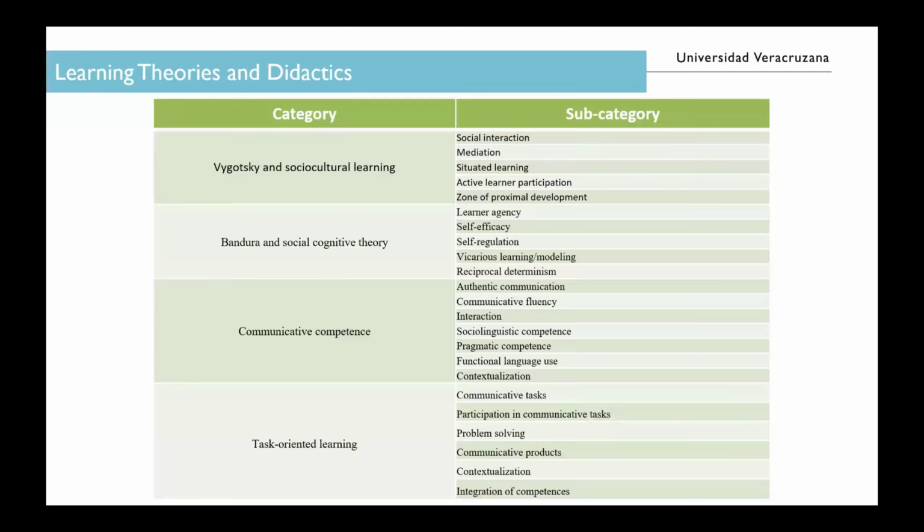From the learning theories and didactics, it was Vygotsky and sociocultural learning, Bandura and the social cognitive theory, and from the didactics approach, communicative competence and task-oriented learning, with all the subcategories that we can observe here on screen.